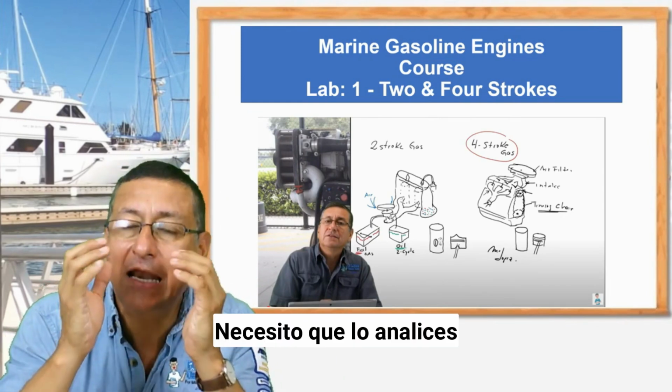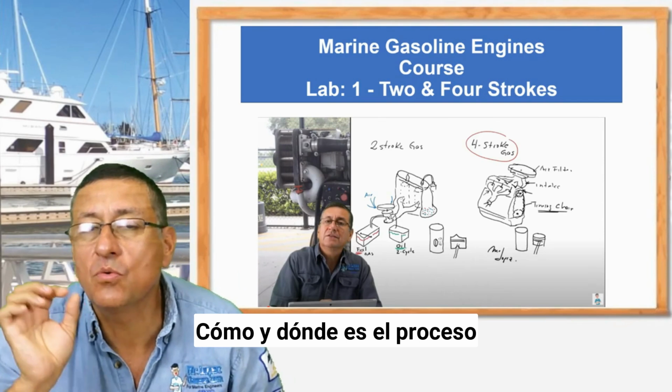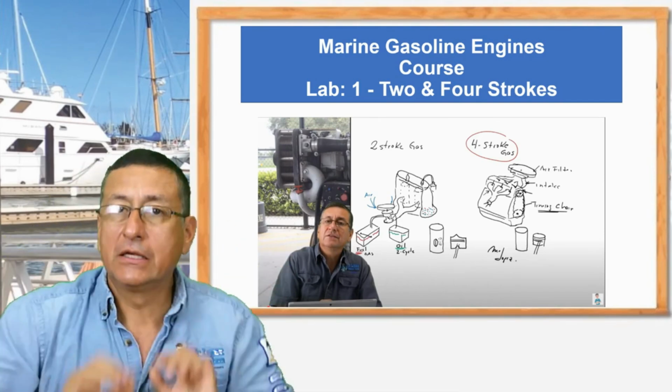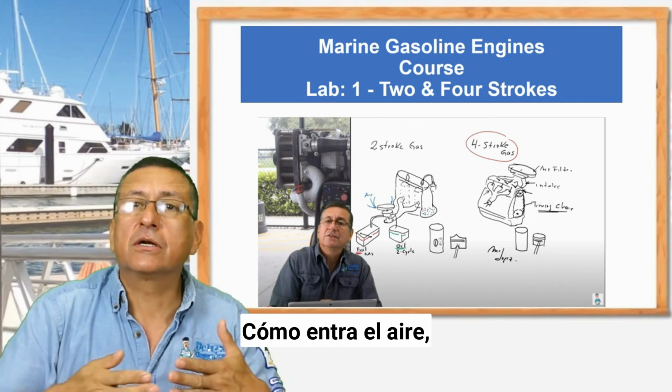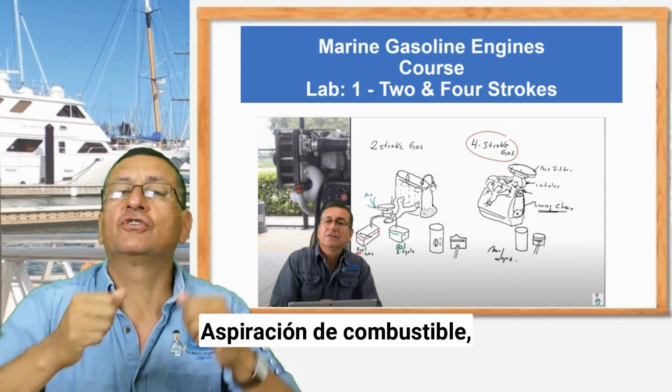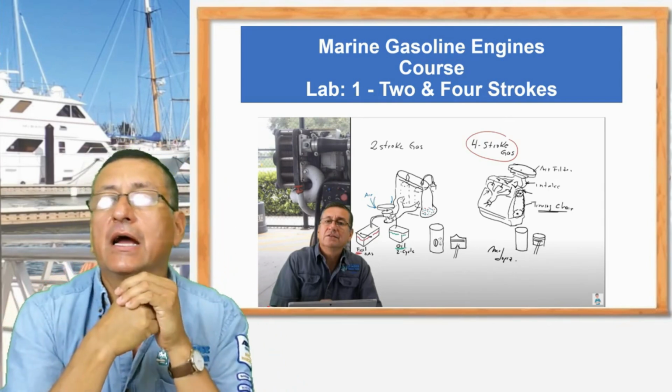I need you to analyze how the process works, where the cavities for the oil are, how the air enters, and how the air at high pressure sucks in the fuel and sends the fuel.